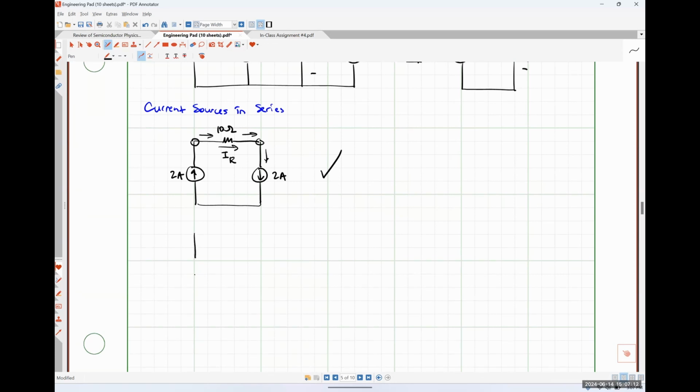Instead, let's look at this. So 2 amps, 10 ohm resistor, and now we have a 1 amp source, right? If we were to apply KCL right here, I'm going to define my resistor current like so.